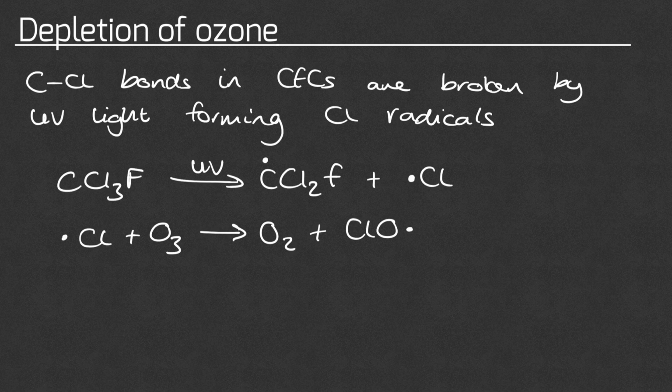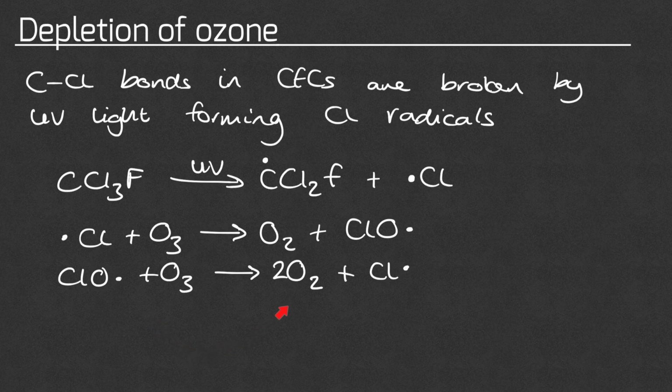This chlorine radical will catalyse the decomposition, the breakdown, of ozone. The chlorine radical will react with ozone to form O2 and a ClO radical. The ClO radical will then react with another molecule of ozone, forming 2 molecules of oxygen and a Cl radical.